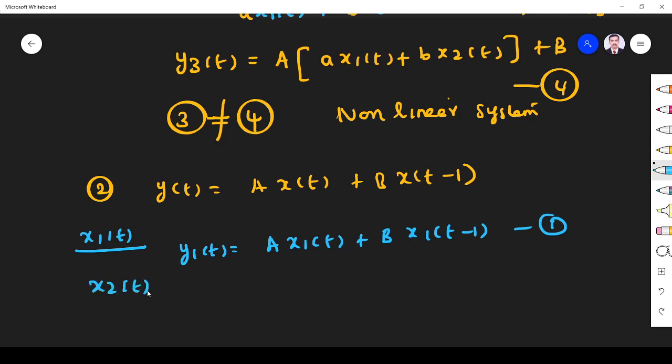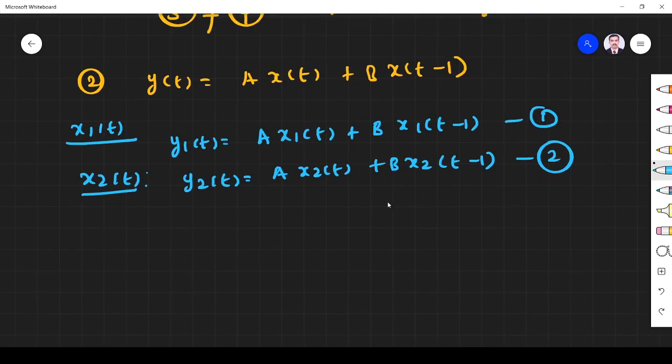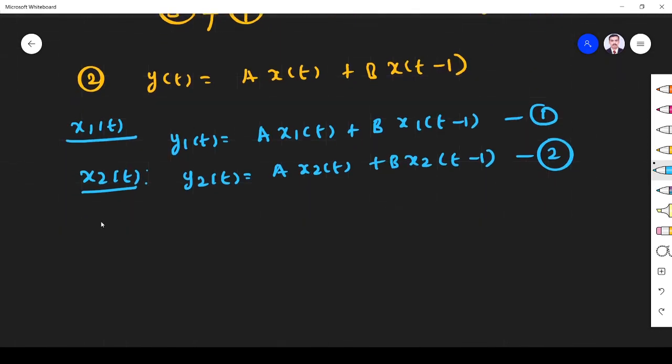Now we find the output due to x2 of t, which is y2 of t: a into x2 of t plus b into x2 of t minus 1. This is equation number 2. What we have to find next? The weighted sum of output. That is, the weighted sum of output is nothing but a into y1 of t plus b into y2 of t.